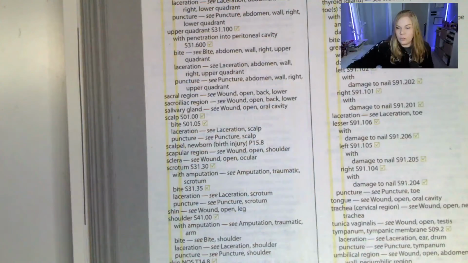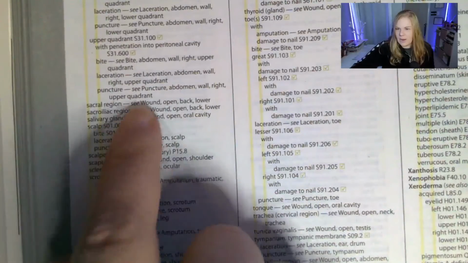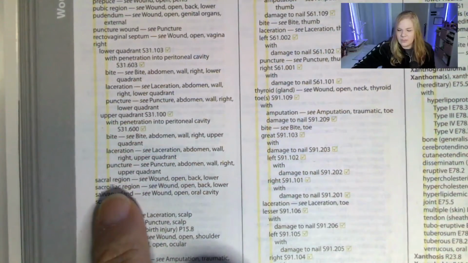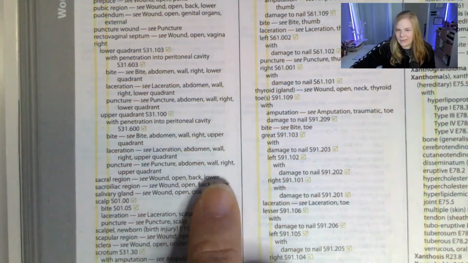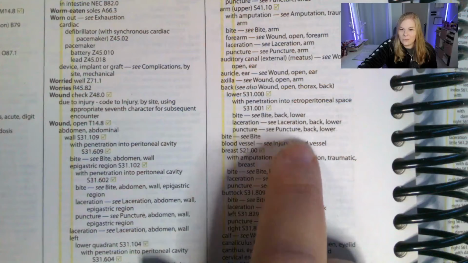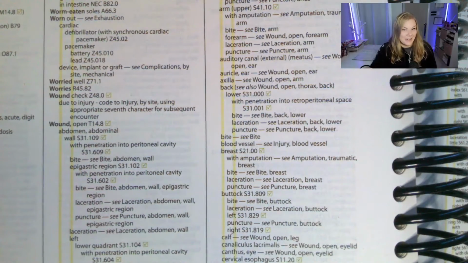Sometimes we'll see providers that'll say a pressure ulcer or a decubitus ulcer, then it's a wound, and those code very differently in ICD-10-CM. The wound codes actually oftentimes will map to different S codes. So if we're here looking at sacral region wound, open back lower, here it's taking us to these S31 category codes versus the L89s for the pressure ulcers, which is where we're supposed to be.